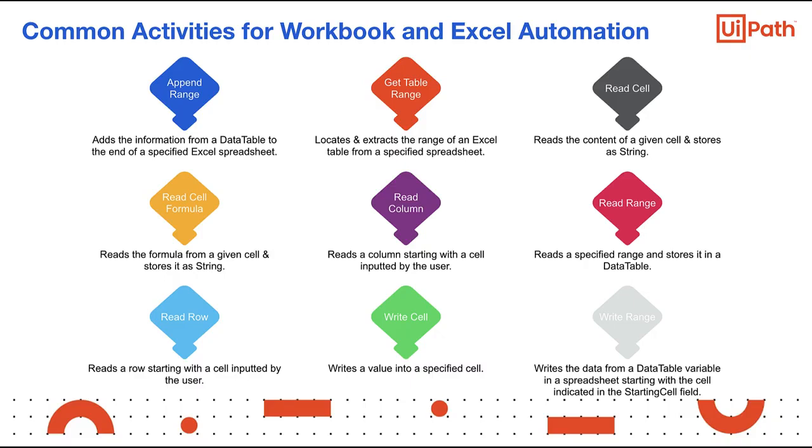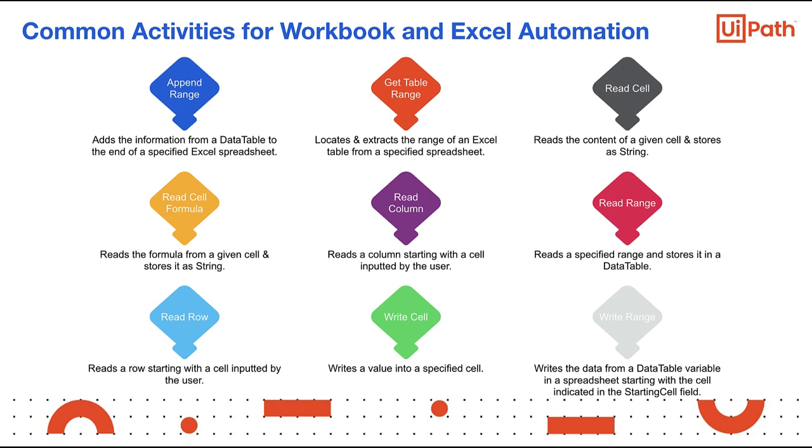If user filter is checked in the read range activity under Excel application scope, it will read only the filtered data. This option does not exist for the read range activity under Workbook. Read row reads a row starting with a cell inputted by the user.